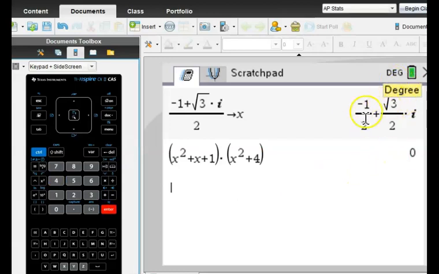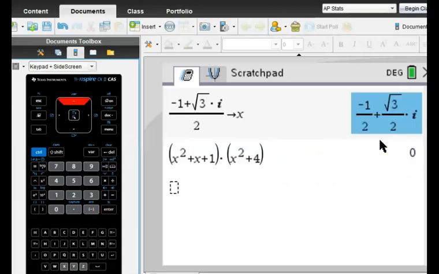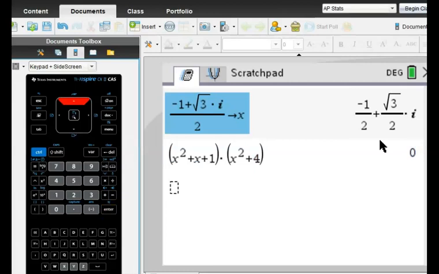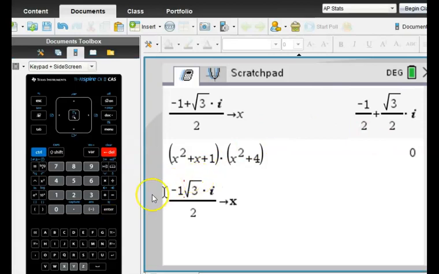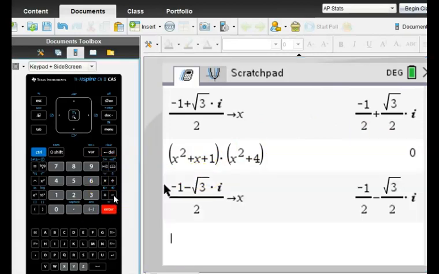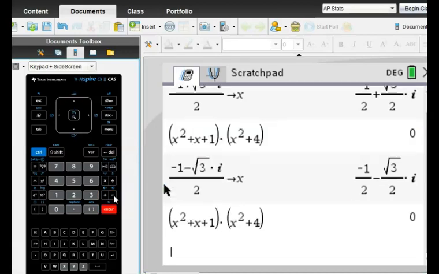That means when I substitute this number in for x into the equation, I get 0, which means this number is a 0 of my equation. And if I do this again with the negative version of it, now I'm not using the negative, I'm using subtraction here. And then I go back and grab my equation. That also gives me 0. So just to show you, that actually works.